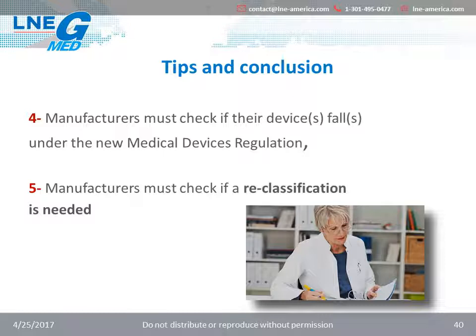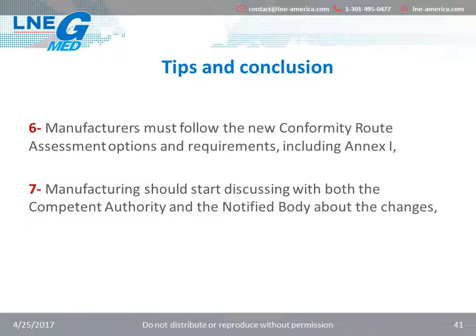And number 5, manufacturers must check if a reclassification is needed. Number 6, manufacturers must follow the new conformity assessment route options and requirements, including Annex 1. And finally, the last point is manufacturers should start discussing the changes with both the competent authority and the notified body.